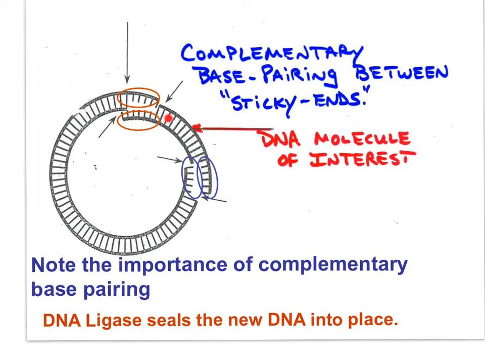When mixed, the DNA of interest and the plasmid, the two different DNA molecules, will come together to form a transgenic plasmid. The DNA of interest will insert and bind to the plasmid because the sticky ends on both molecules are complementary. This is where complementary base pairing becomes so important. DNA ligase forms the covalent bonds on both strands between the nucleotides along the sugar phosphate backbones.